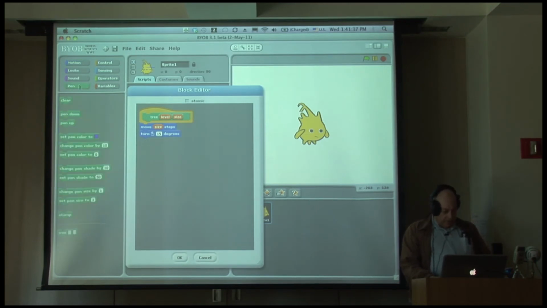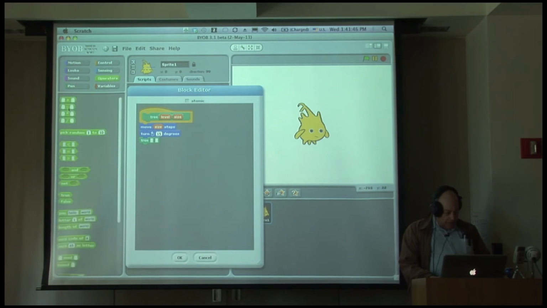And now I'm going to pick up a tree block and say tree, and I'm going to go to operators and get level -1 and a times block and do size times, let's say 0.6.